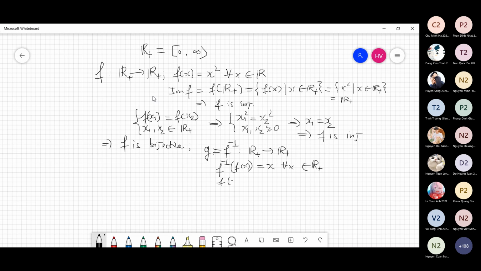And on the other hand, f of f to the minus 1 of x is also x, for all x in R plus. So what does it mean? This means that f composed with f to the minus 1 has an inverse because f is bijective. So I am sure that f to the minus 1 exists. And of course, if you want to find f to the minus 1, you have to use these equalities. This is what I want to write here, just to write it explicitly in this form.